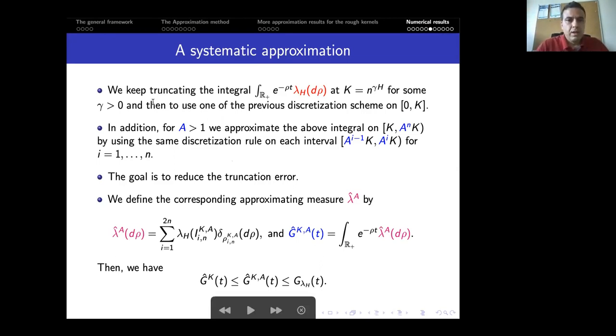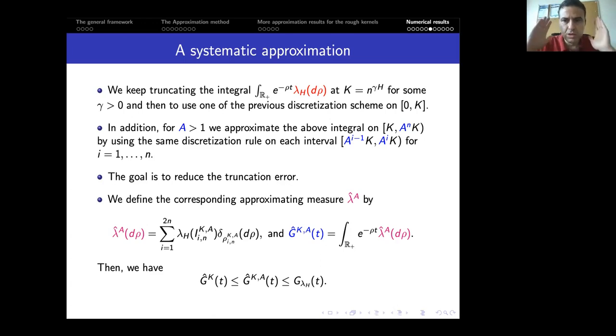So we keep truncating the integral as above at k equal to n to the power gamma h for some gamma positive, and then use one of the previous discretizations. You use Riemann or Simpson or Newton-Cotes, it's up to you. However, we propose to go deeper and deeper in the truncation.